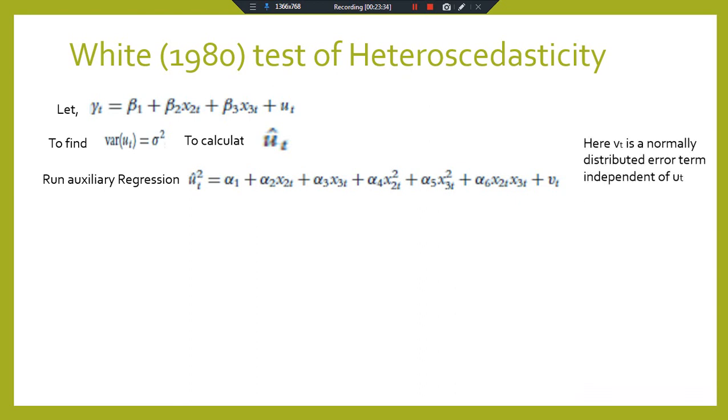Okay, here we have vt as another error term. Whenever you are running any type of regression, keep in mind that you have to introduce an error term in your regression line. If here we are introducing vt as an error term, keep in mind that vt is a normally distributed error term and independent of our dependent variable, and this is not related to our dependent variable.